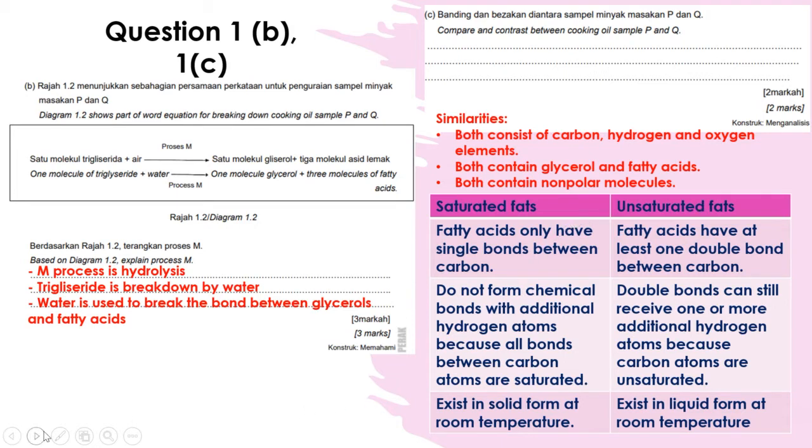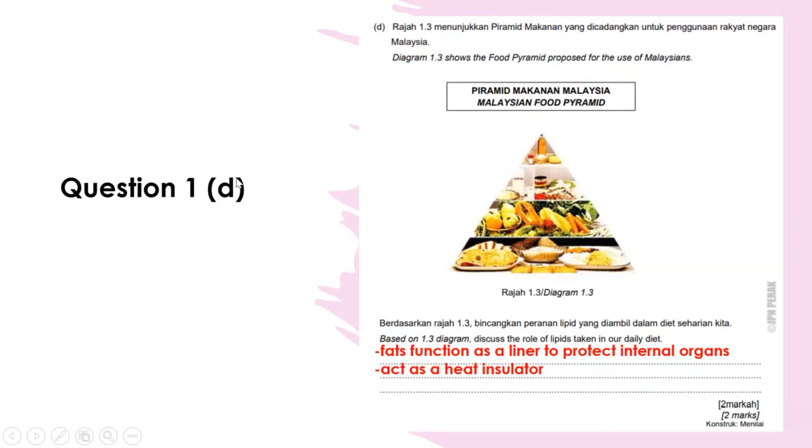Okay, next we go to question 1D. Diagram 1.3 shows the food pyramid proposed for the use of Malaysians. So this refers to the Malaysian food pyramid.